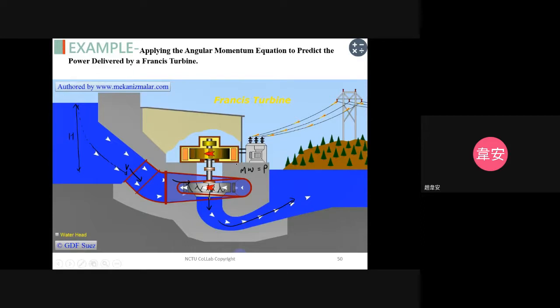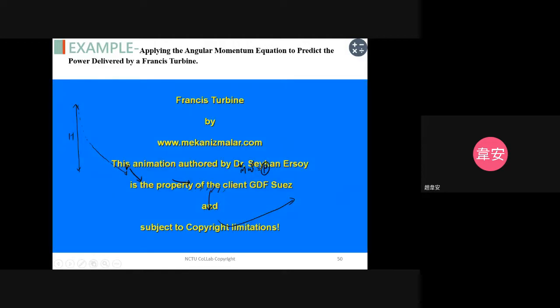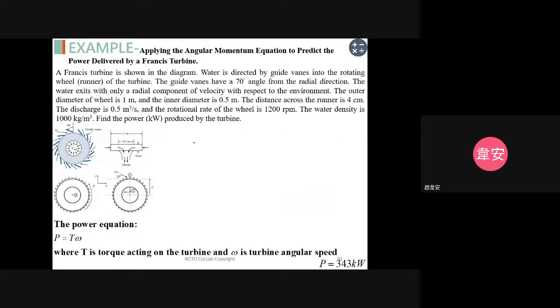So usually, to compute the power for these generators, we need to apply the angular momentum equations to understand the moment first, and we know the angular speed, so we have the omega value, and then computing the two parameters together, we will have the power. Okay, so what's the problem?